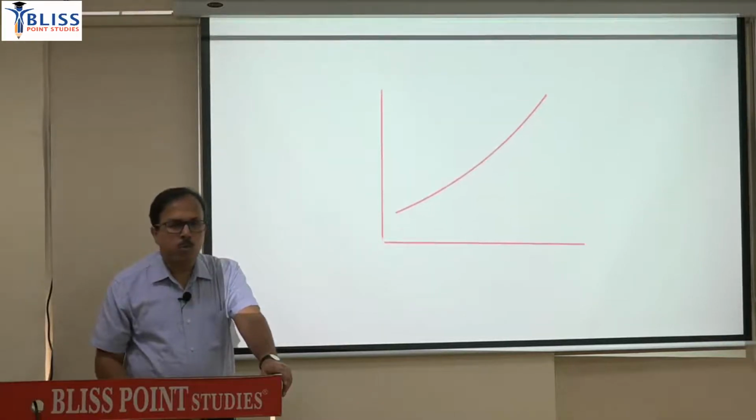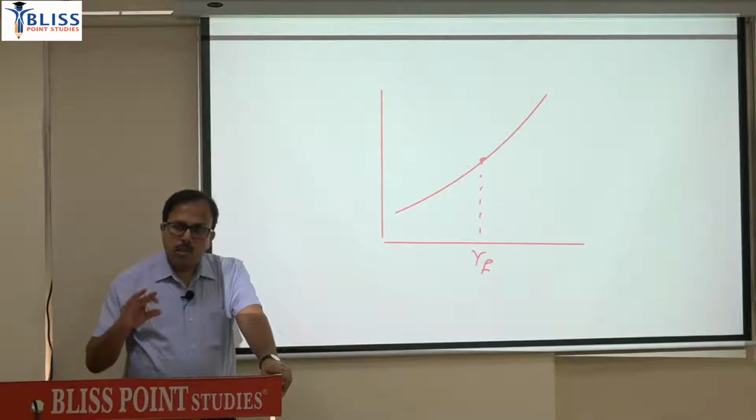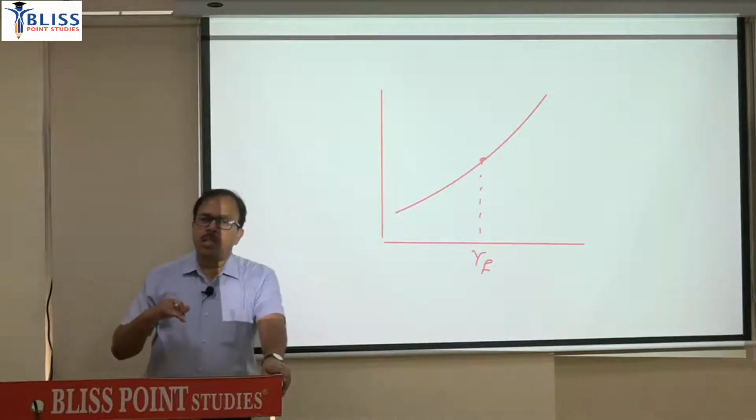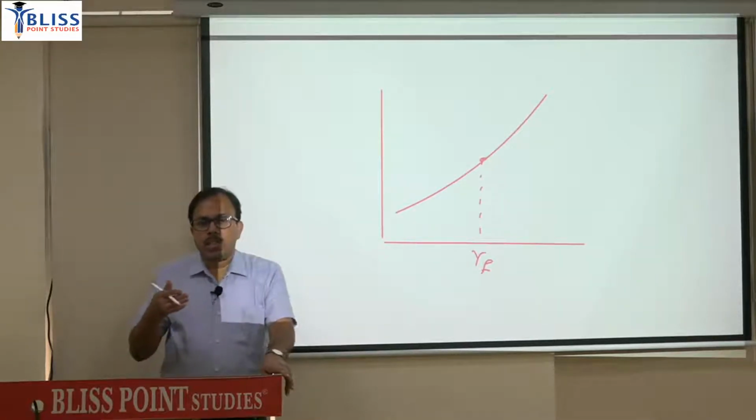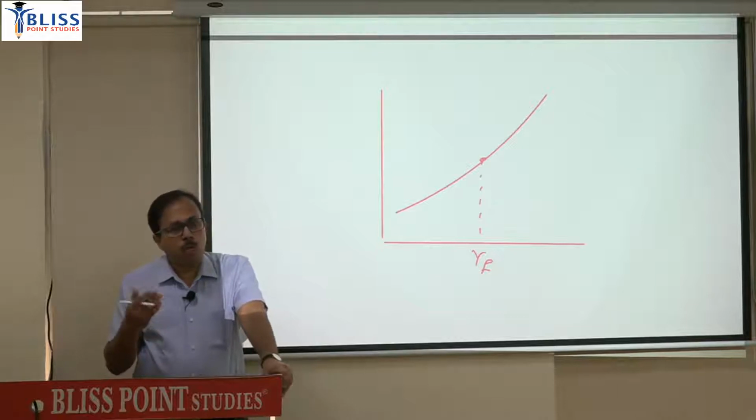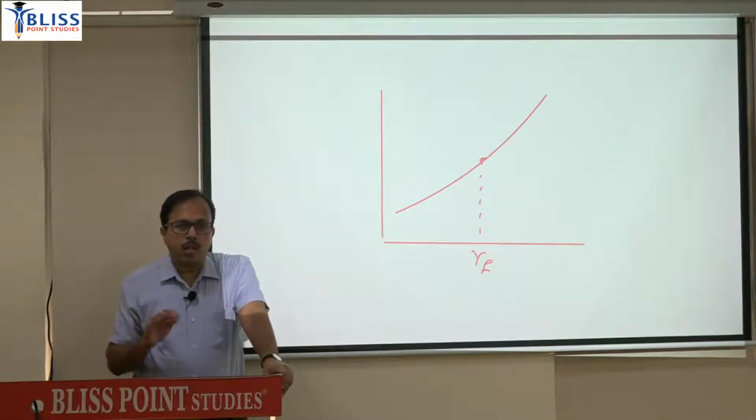The slope will be positive, but on the positive slope also there will be a particular point where Y equals full employment. But recent economists say they agree that output can change from the full employment level. It can be more than full employment or less than full employment, but in the long run it will be equal to the full employment.